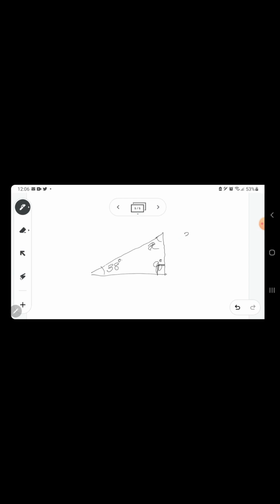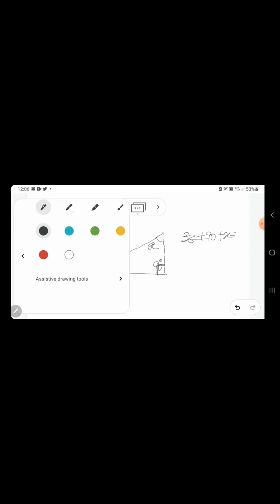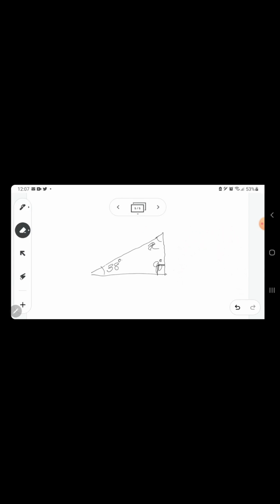And all you need to do is 38 add 90 add X equals, let me manage my space now. Let's remove it from here. Let's put it under. Okay, so 38 add 90 degrees. Don't forget your sign. Add X equals 180 degrees.